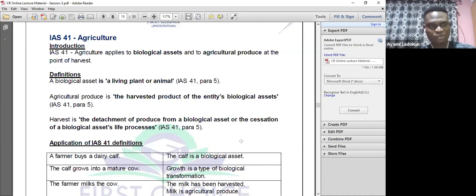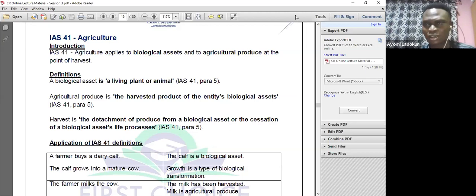IAS 41, agriculture. As I said earlier, this is a standard that most students don't even know exists at all. And even people that know it exists don't really pay attention to it. These are the tricks that the examiner gives to students. They capitalize on this, and it's a standard that is quite simple.